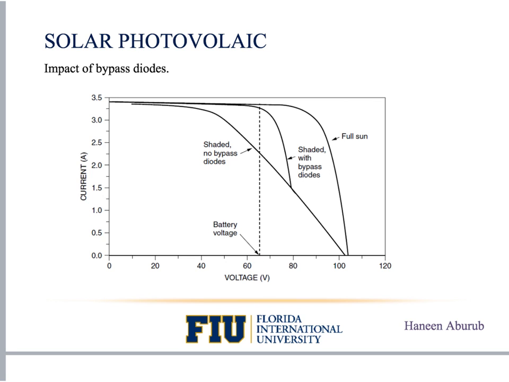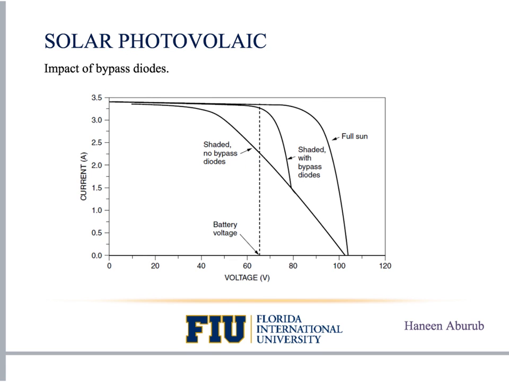Now with one module having 2 shaded cells, the charging current drops by almost 1/3 when there are no bypass diodes. But when we add the bypass diodes, there is very little current drop as shown here.